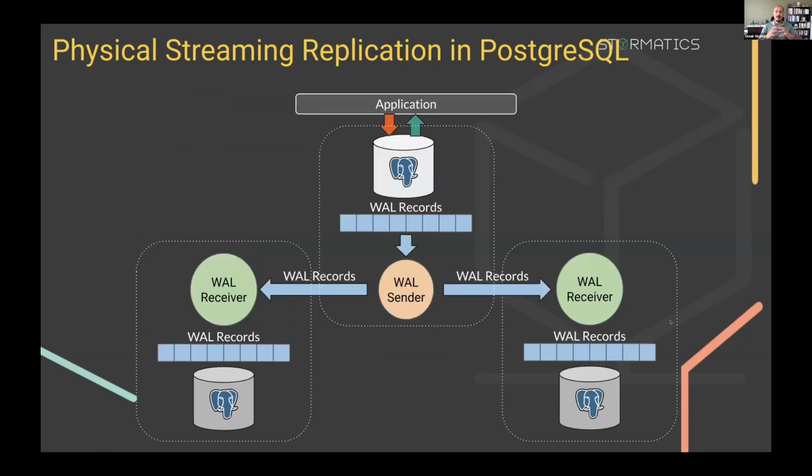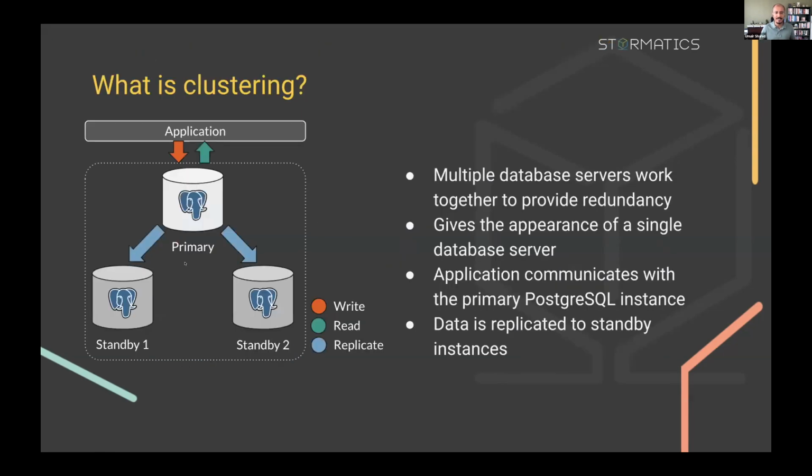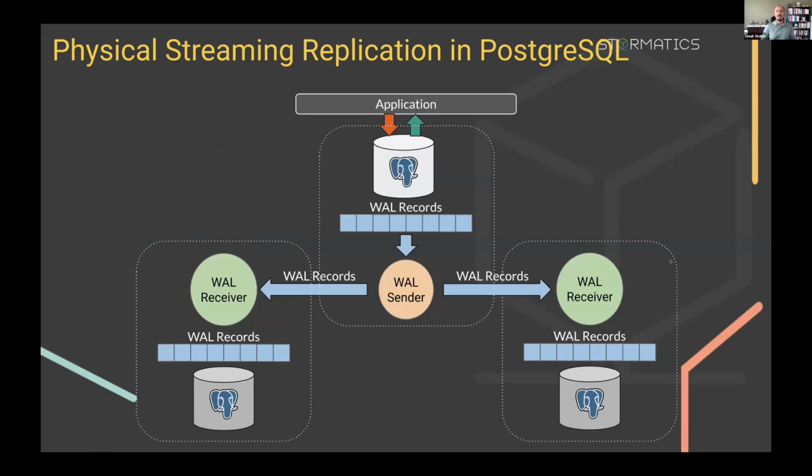Now, how does replication work in Postgres? If we go to the previous slide, there is data flowing from the primary node to the standbys. This replication is implemented through the concept of write-ahead logs, or WAL.